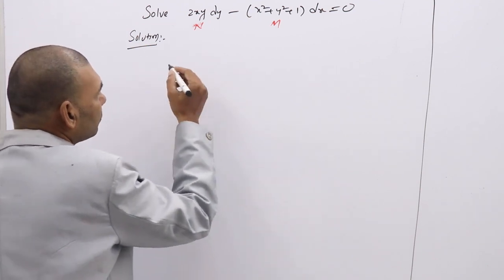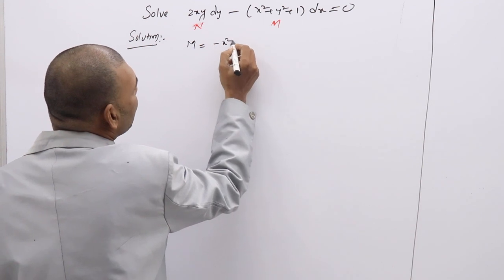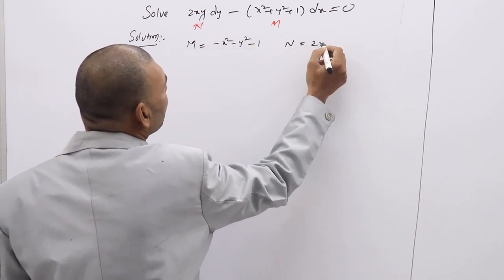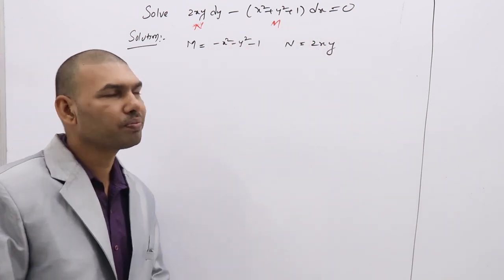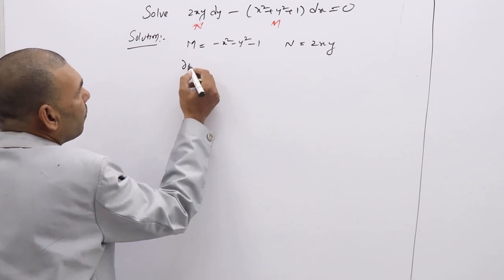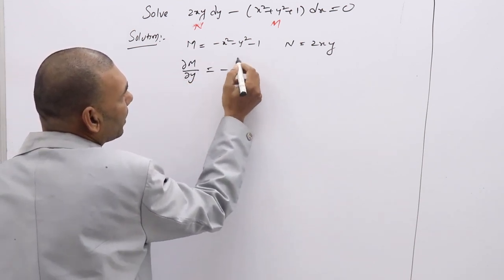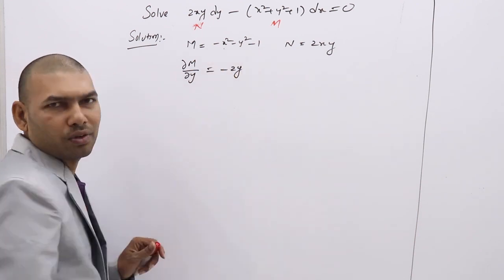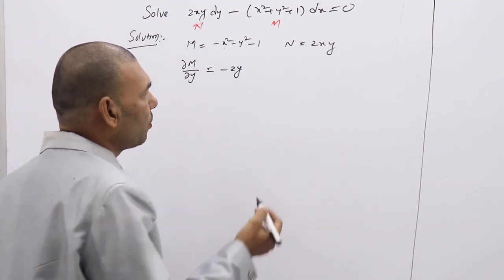Now, note down what is M. M is minus x square minus y square minus 1. N is 2xy. The dx coefficient is M. Now find dou M by dou y: with respect to y, differentiation of y square gives minus 2y, and the constant terms you don't need to differentiate, since the differentiation of a constant is 0.